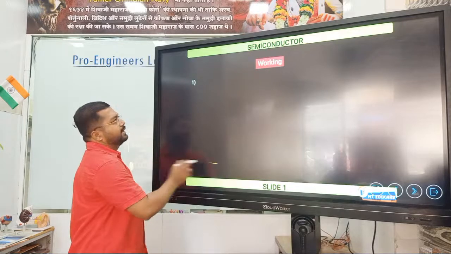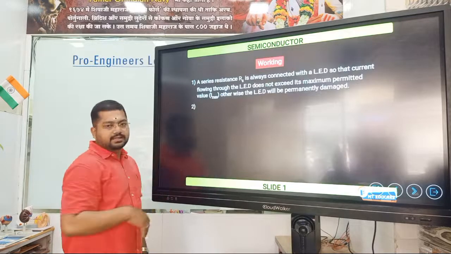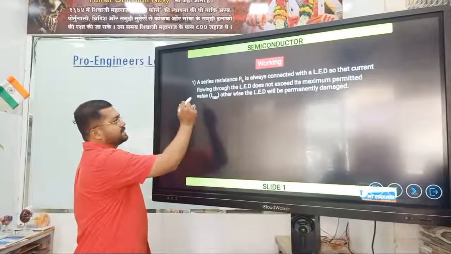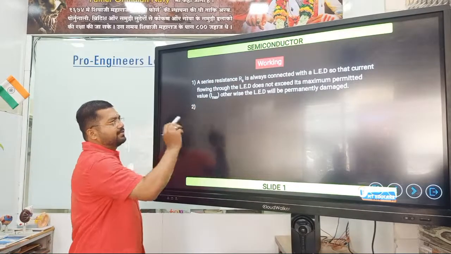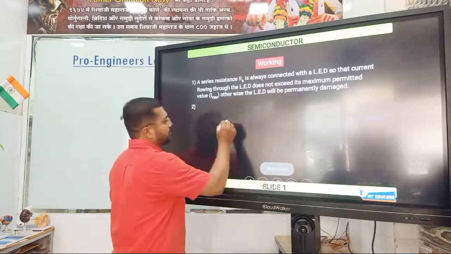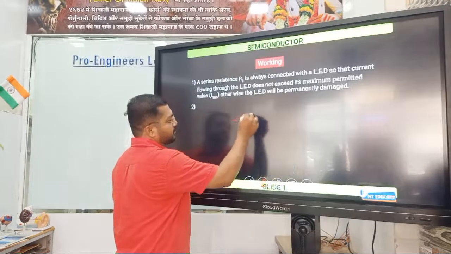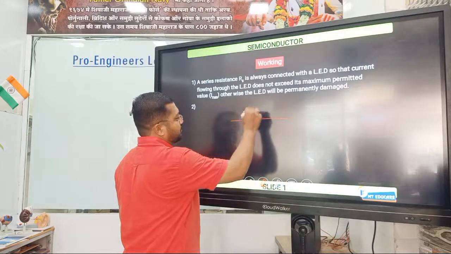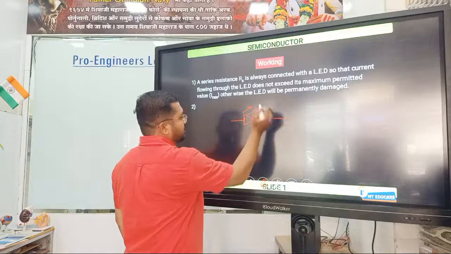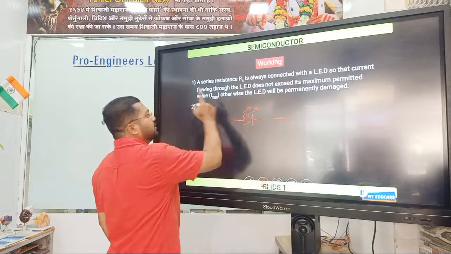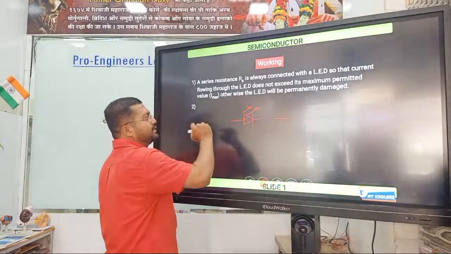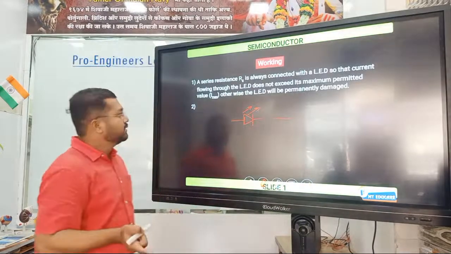Now, the one which we discussed was construction. Now we are talking about working. A series resistance RS is always connected with the LED. So how is it? There must always be a resistor with the LED so that the current flowing through the LED does not exceed its maximum permitted value.